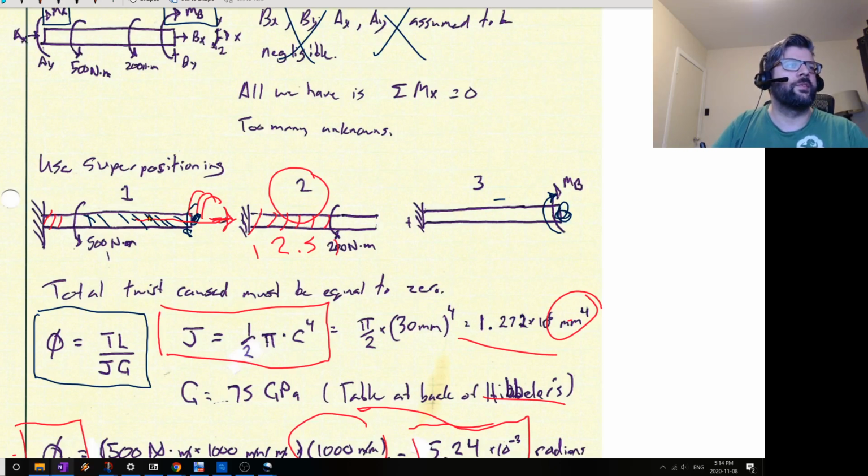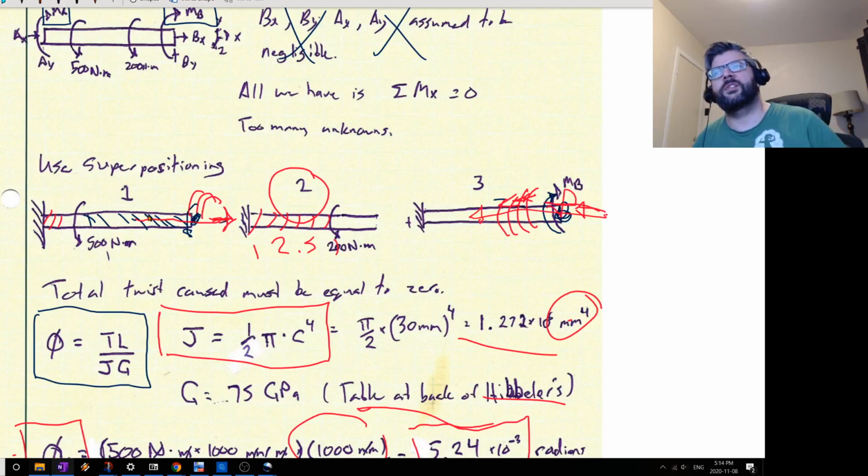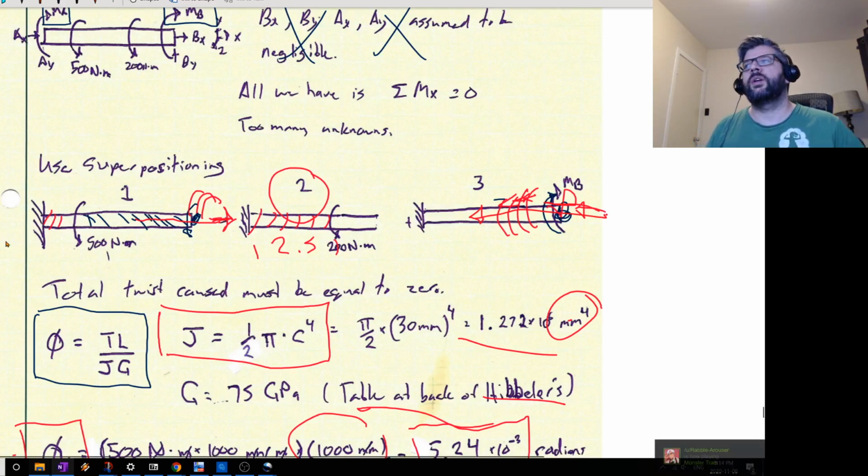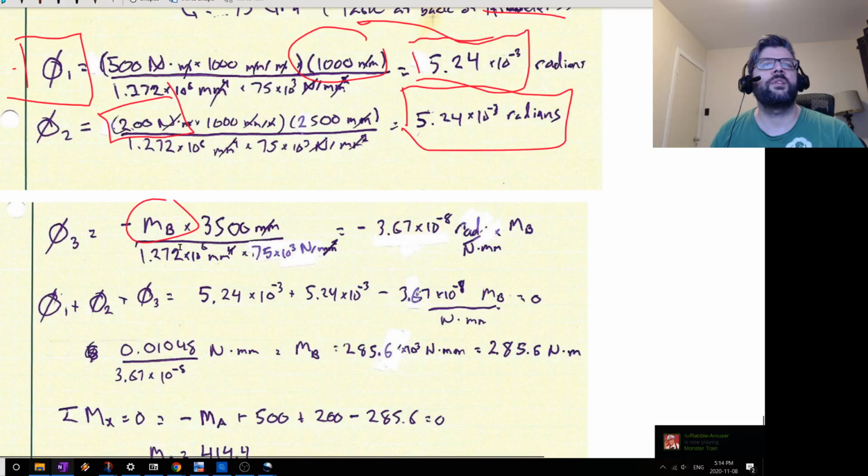Whereas for this one, in order to have our fingers curling around in the same direction as the torque, our thumb needs to be pointed in the negative x direction, therefore the torque and the twist that would be applied would be negative.